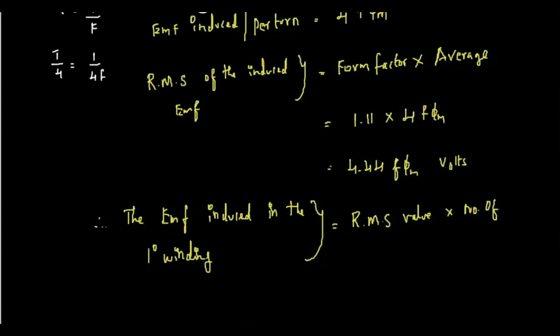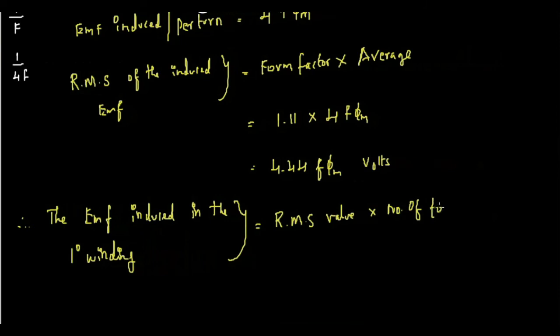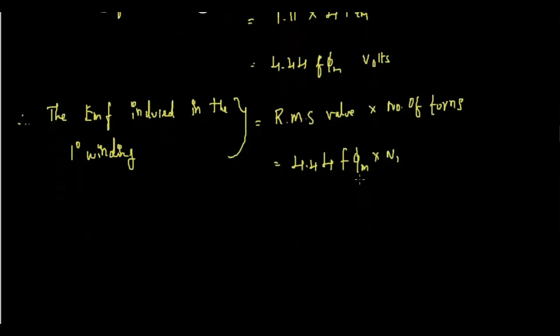By our assumption, the number of turns in the primary is N1. So E1 is 4.44 f phi m into N1, which is the EMF induced in the primary winding. Instead of phi m, we can rewrite that as Bm and A, which is in the assumptions we made earlier. This is the EMF induced in the primary winding, in volts.